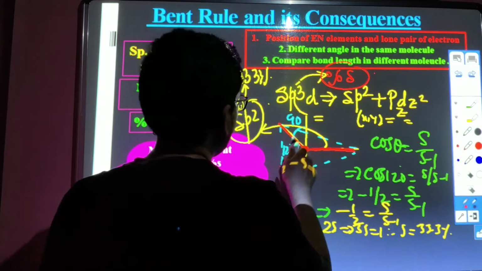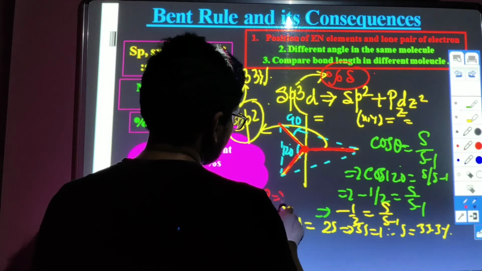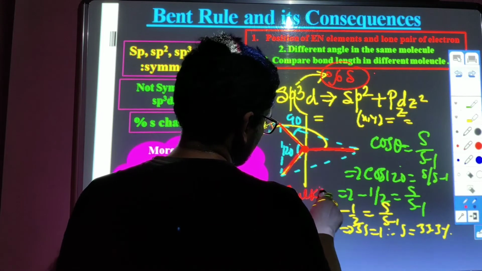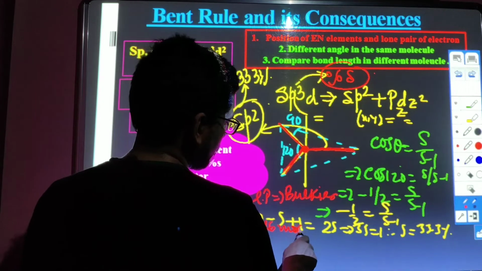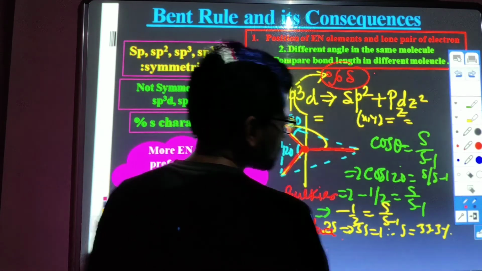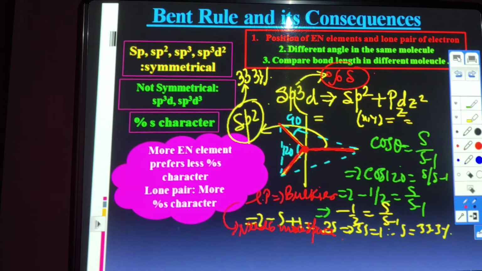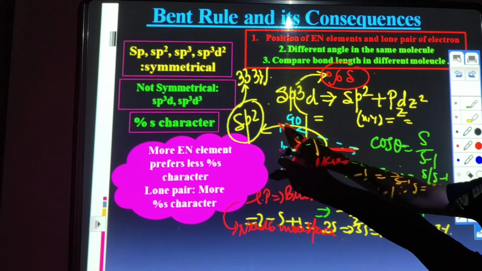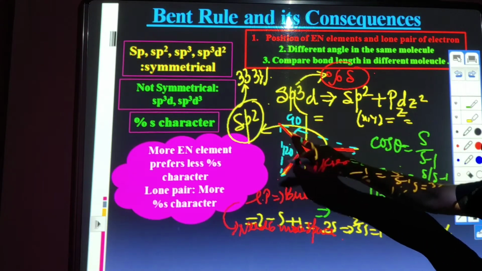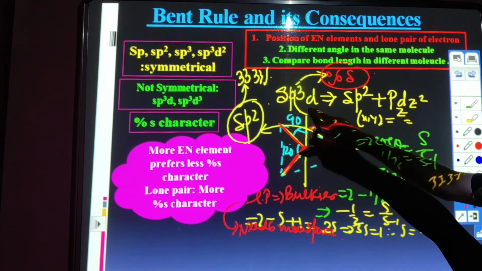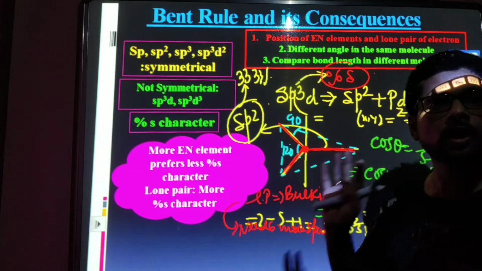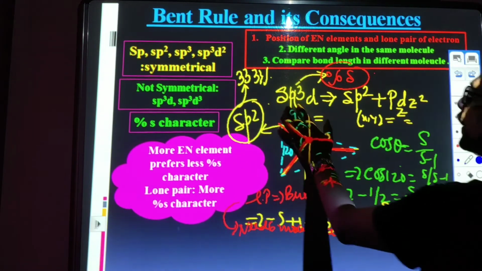So where will you put the lone pair? In sp3d geometry, I'll put lone pair in these equatorial positions and bond pair, the more electronegative element, in axial positions. Clear? This is the bend rule.